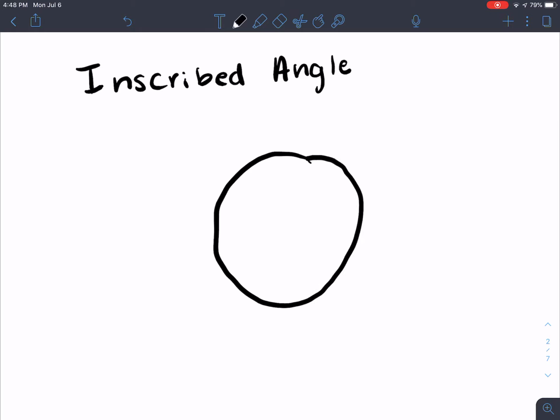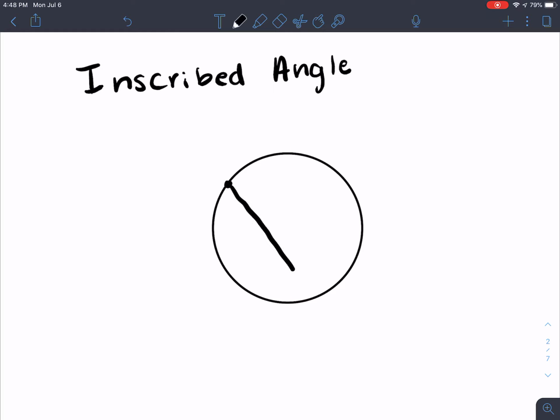So here is the angle on the circle. And if this is x, the measure of this angle is half of the measure of the arc. So this would be x over 2.